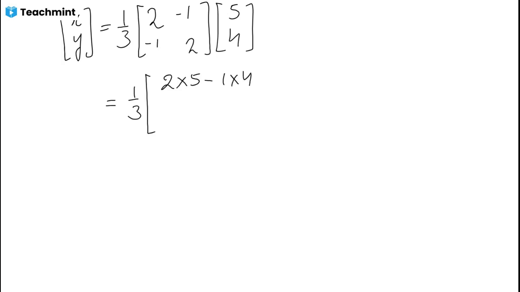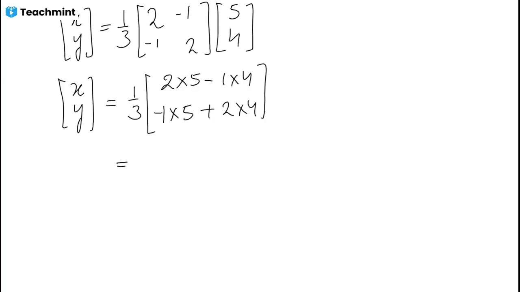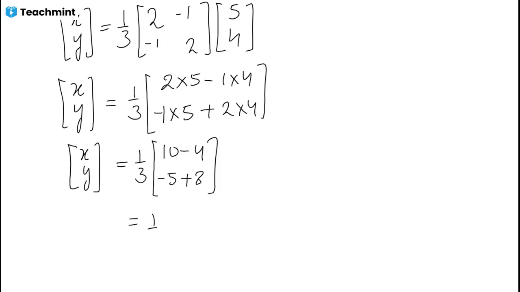Now multiply the second row with this column: minus 1 into 5 plus 2 into 4. So we have here 10 minus 4 and minus 5 plus 8, with 1 by 3 outside.